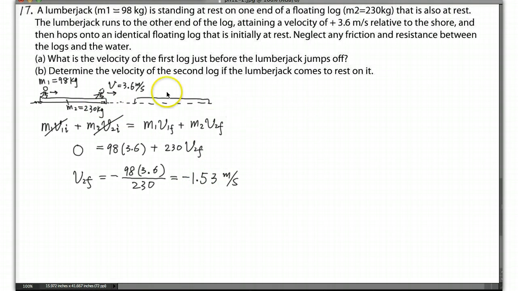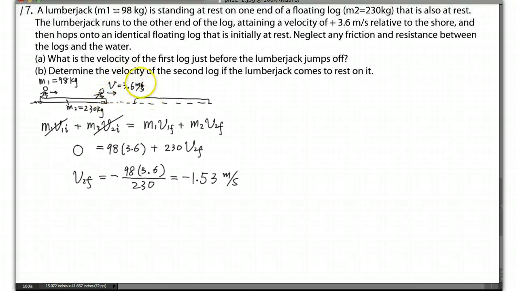Okay, now let's jump to the second question, asking if the lumberjack jumps onto the log and rests on the log, what's going to be the velocity of both? Okay, so first of all, someone asked me, would the lumberjack have projectile motion like this?